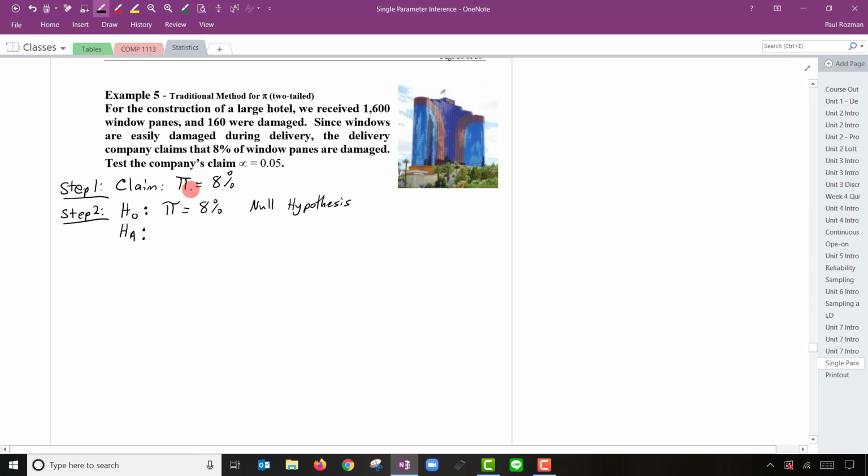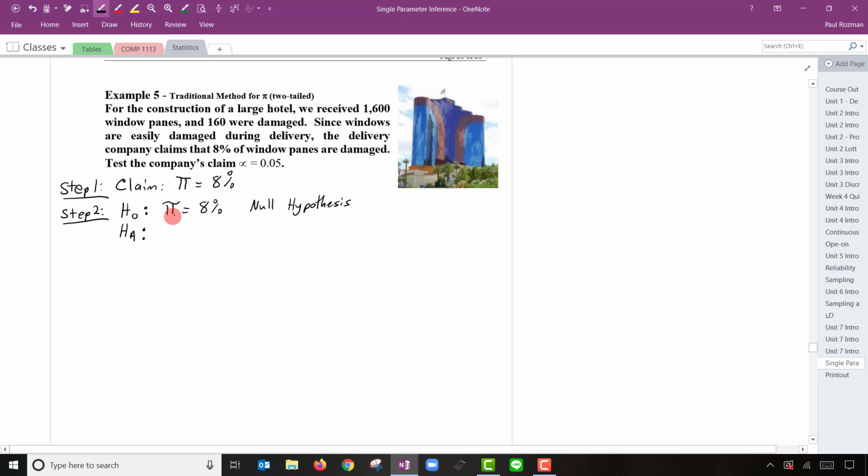But if the claim doesn't have an equal sign in it, then the claim becomes the alternate hypothesis. So setting this up at the beginning is really important. The claim isn't always the null hypothesis. It is only if the claim has some form of equality, as this one does.